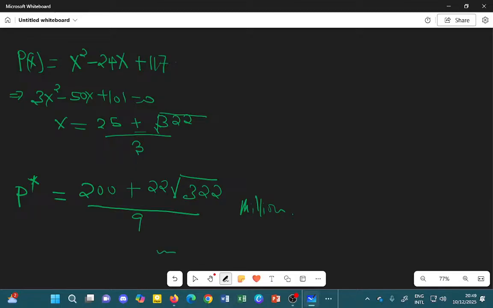If you work it out using a calculator, it's approximately 66.09 million shillings per building. So the selling price is about 66.1 million. So that is the answer as you are expected to give it.